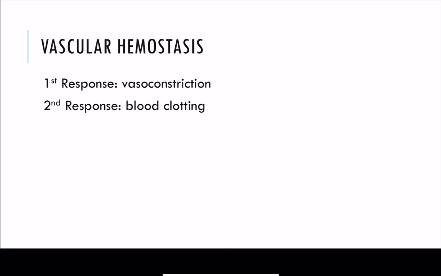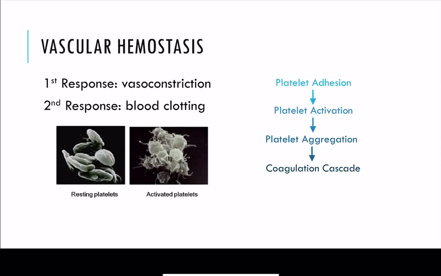The process by which we make a blood clot first involves platelets. Here you can see that resting platelets have a calm, smooth outer shape. In response to an injury, we activate platelets, and they get these spiky grabbers that allow them to aggregate and form a platelet plug.